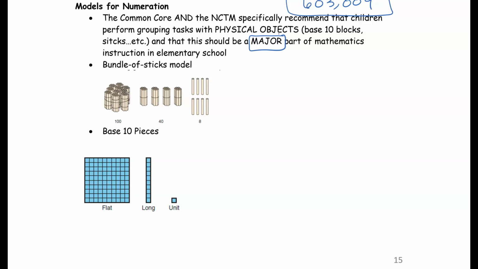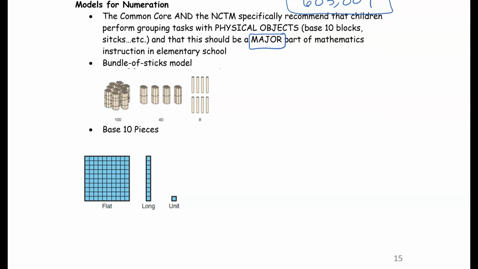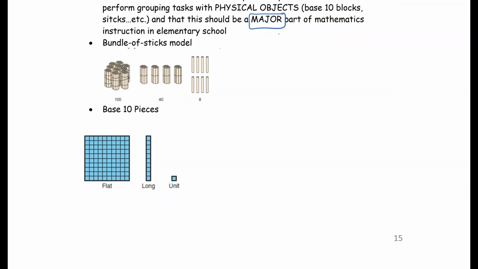I have a child, for example, who is going into 3rd grade, who repeatedly uses base 10 pieces when she adds or subtracts. Even though she knows how to do it by hand using the standard algorithm, she absolutely has to draw it out every single time, and it takes her longer, but for some reason, it just makes sense to her. So let's talk about how you could use these to actually add and subtract.